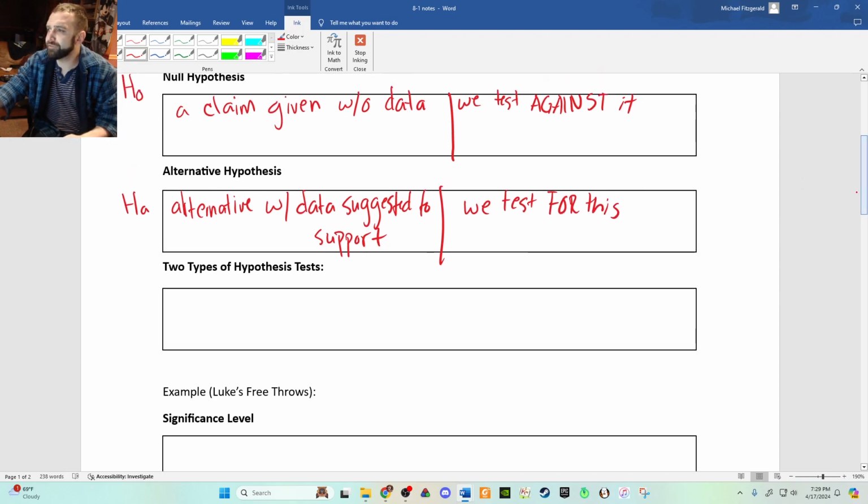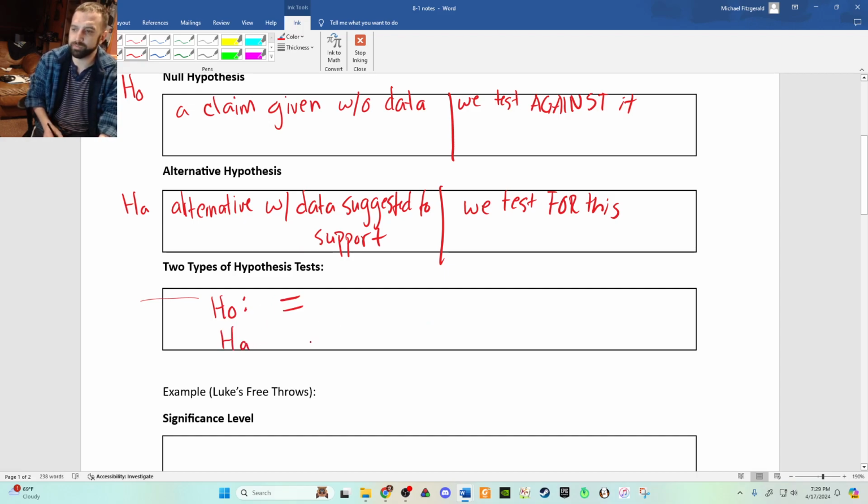We're going to have a handful of types of hypothesis tests. Right now, we're just going to deal with two types of alternative hypotheses, where the null hypothesis is always going to have some form of equality, whereas the alternative is going to have some form of inequality. A good example for that is what we had with the 80% free throw example.